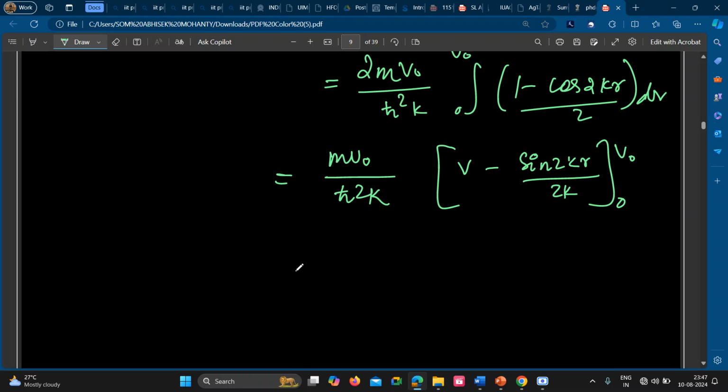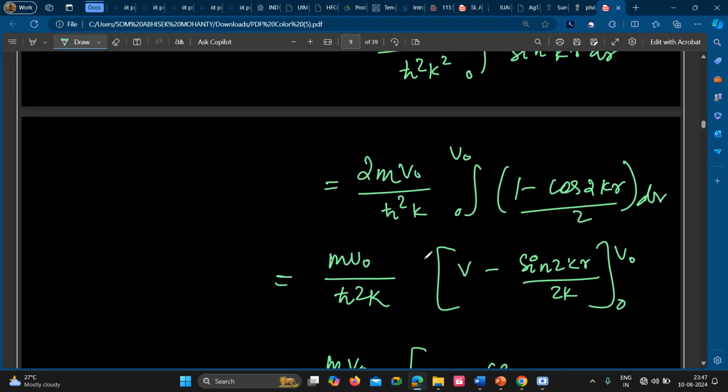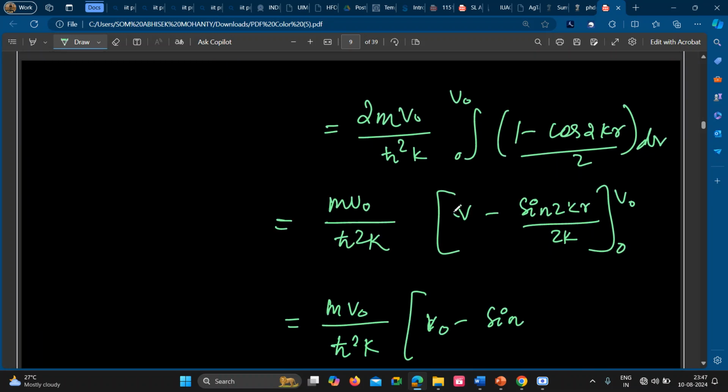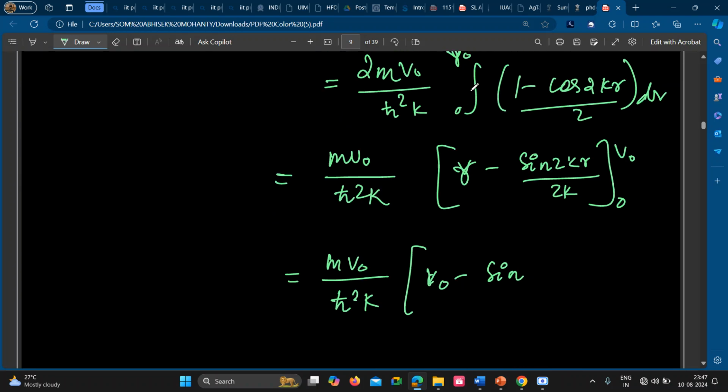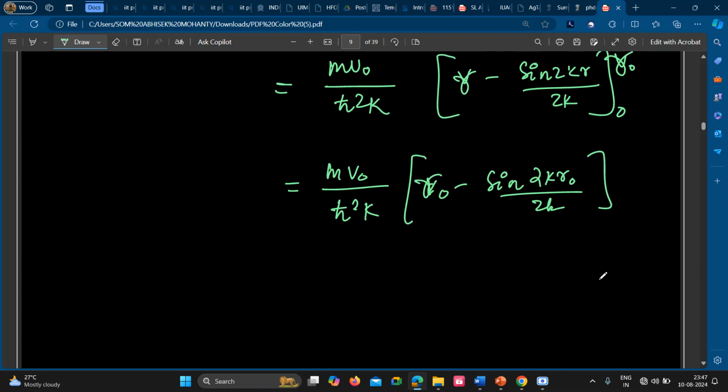Let's put the value of r naught there. So m V naught divided by h cut square k, r naught minus sine 2k r naught divided by 2k, and then minus 0 will be 0. So this will be the expression.